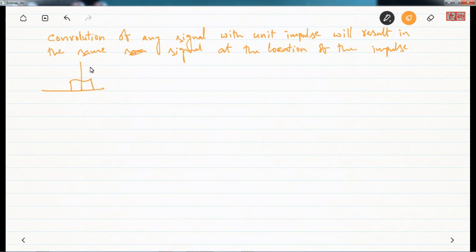I have a signal, say this is just an example. So X1 of j omega, and this I want to convolve with delta of omega minus some omega naught. So what is delta of omega minus omega naught?